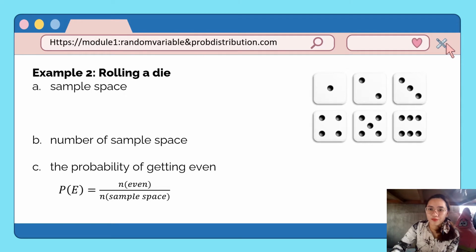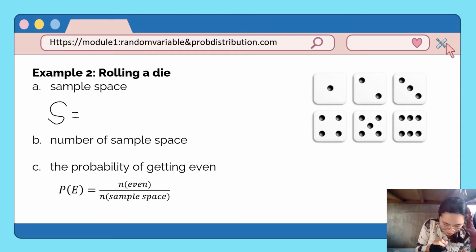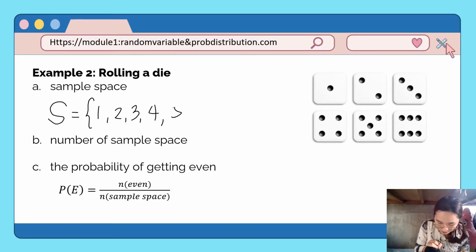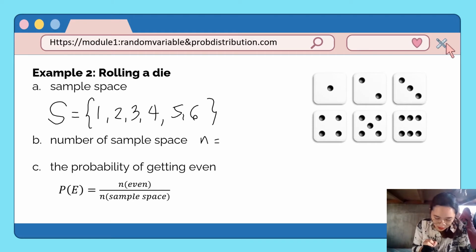So, that will be our sample space. So, the sample space of rolling a die is either 1 dot, 2 dots, 3 dots, 4 dots, 5 dots, and 6 dots. Yan. So, ang number of sample space natin ay 6. 1, 2, 3, 4, 5, 6.